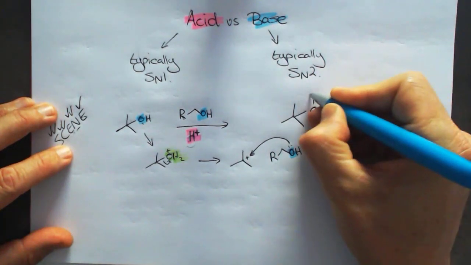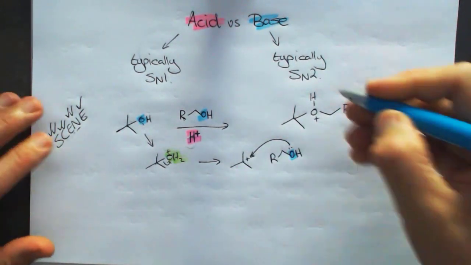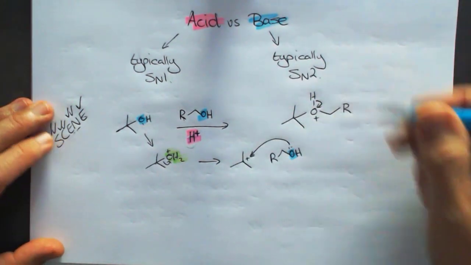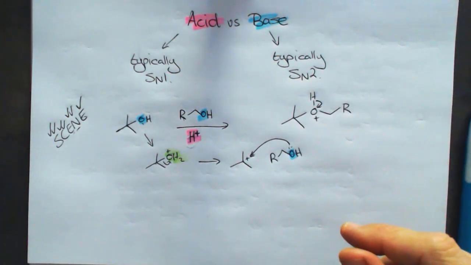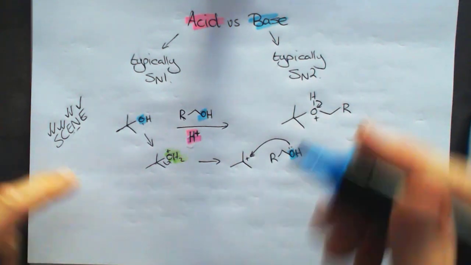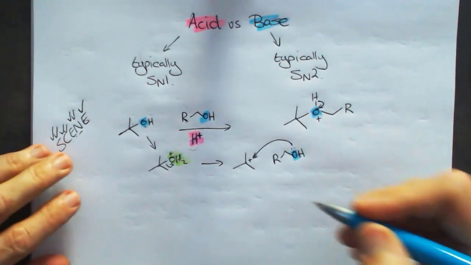Of course, we still have a proton left after that reaction, and the proton does need to leave. It can just leave because it is an acid, and so it carries on and regenerates the acid that we got in the first place.